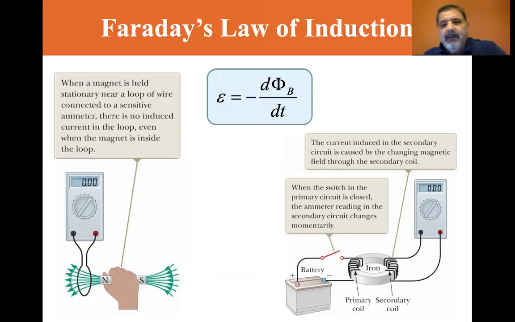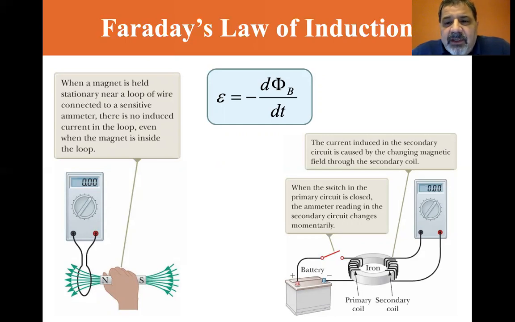So what's happening? We'll see that the EMF is equal to minus d phi B dt. What is phi B? Well, it is the magnetic flux going through a loop of wire.